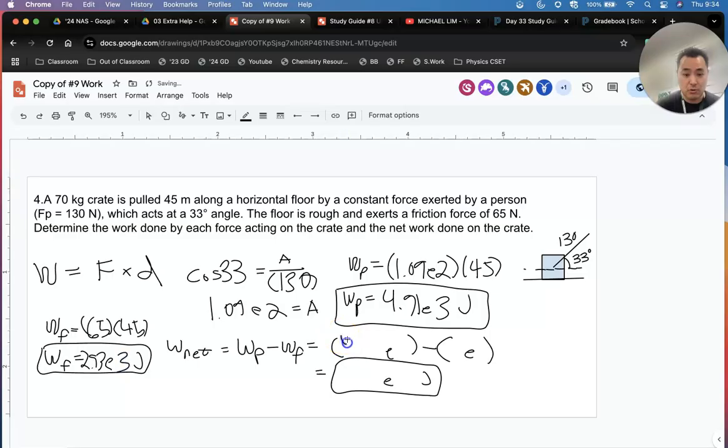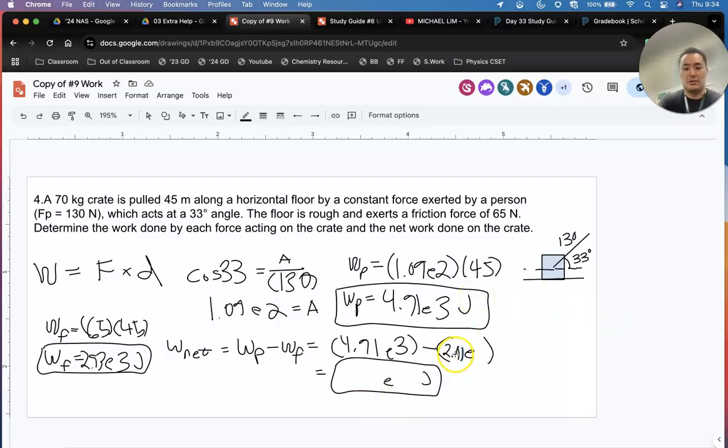Work of the person is 4.91 E to the 3. I don't know why I'm writing worse and worse, maybe I need to restart my computer. But this is our last problem. 4.91 E3 minus 2.93 E3. I'm just going to copy paste it over.